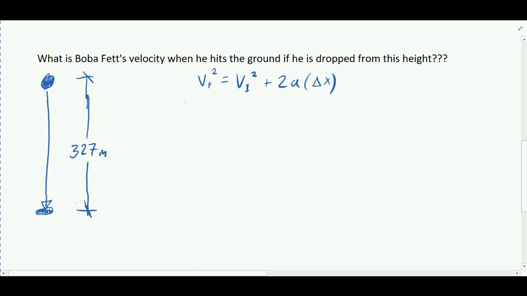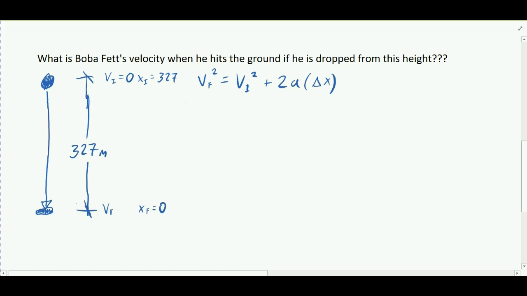Let's try and figure out what exactly we know and what we don't know. Our V initial, as we know from the last problem, at this location at your maximum height is going to be 0. Your X initial is going to be 327 meters. Down here we got an X final of 0.